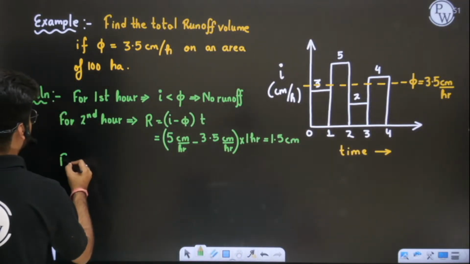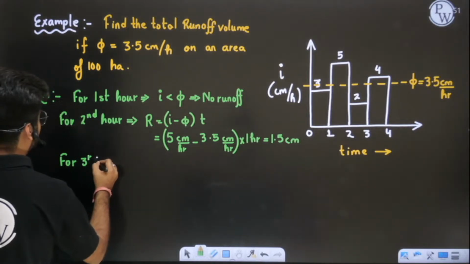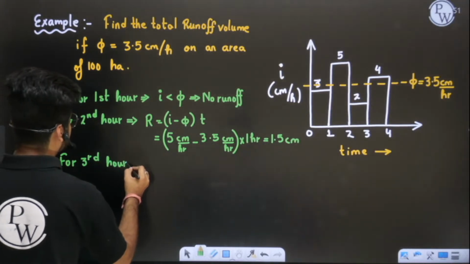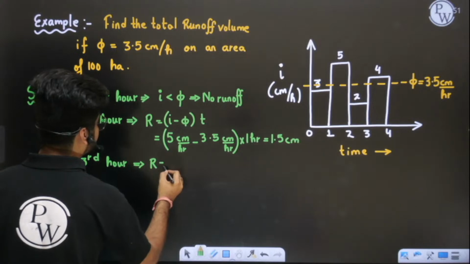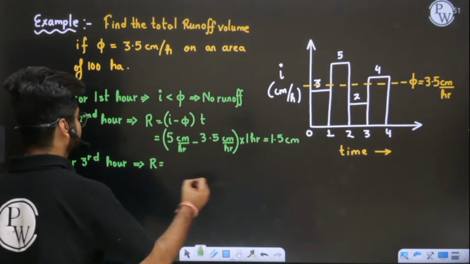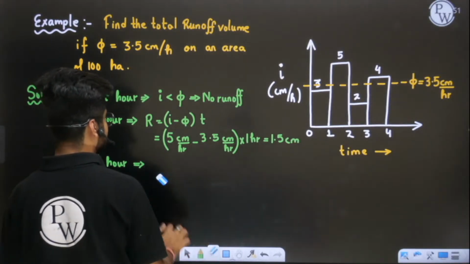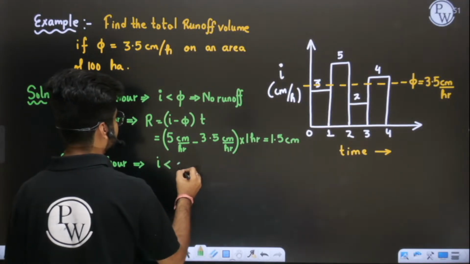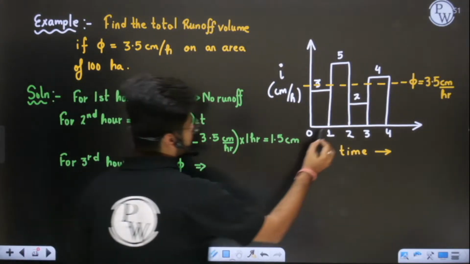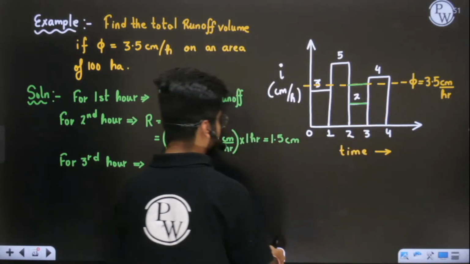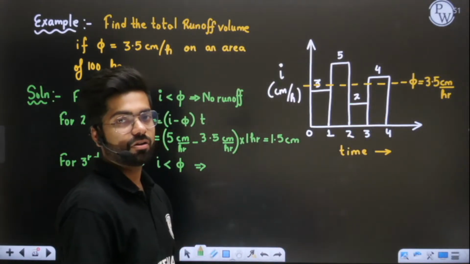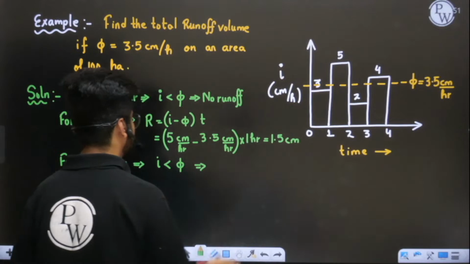Perfect. For the third hour, how much is your runoff? Again, I can see that the intensity of rainfall, which is 2, is less than the infiltration of 3.5. So obviously no runoff. All the water will go into the ground.